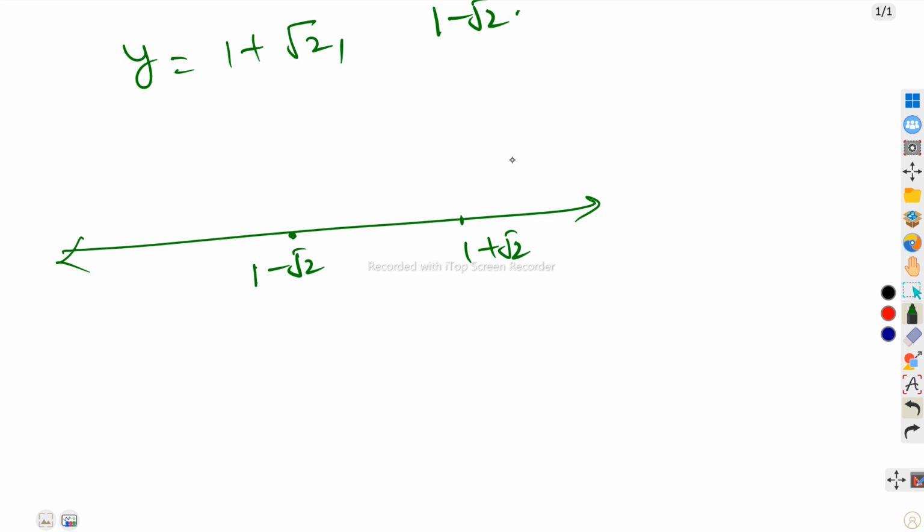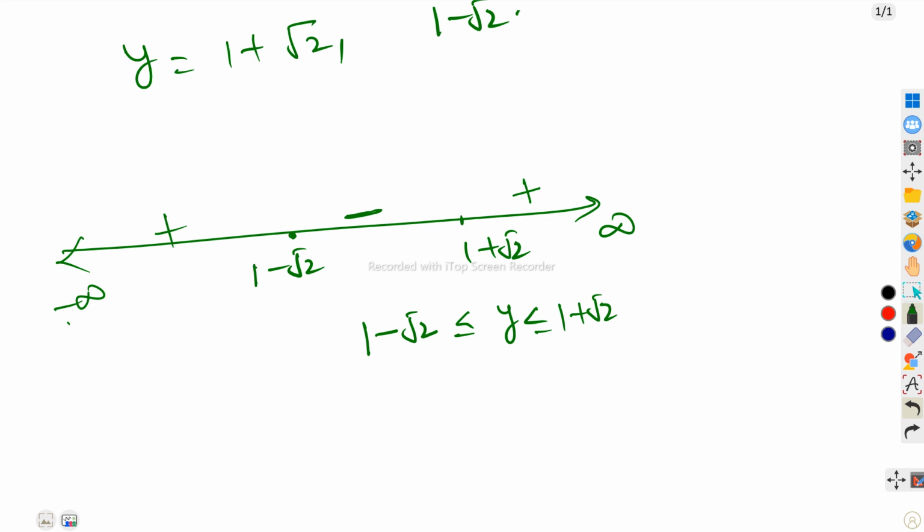In this interval the quadratic expression is plus, this is minus, and this is plus. So from minus infinity to 1 minus root 2 it is positive, from 1 plus root 2 to infinity it is positive, and in the interval 1 minus root 2 to 1 plus root 2 it is valid.